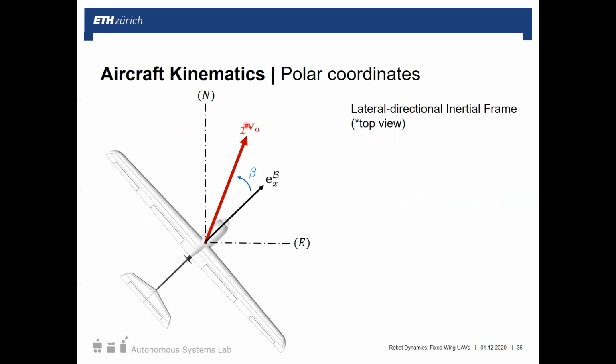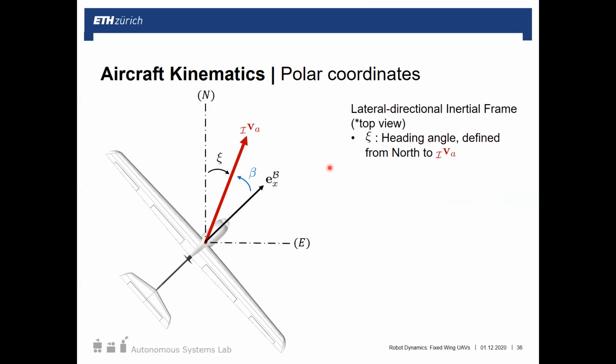Here's again our inertially defined airspeed vector, slipped a bit from the x body axis. Another angle that's quite often used is the heading angle. This is from the inertially defined north axis to the airspeed vector, that's heading.